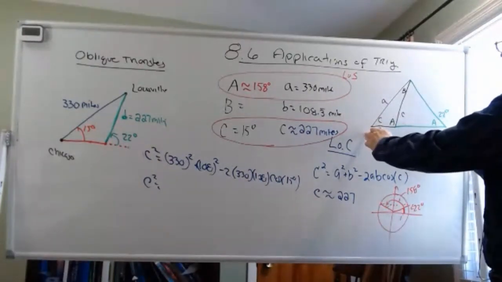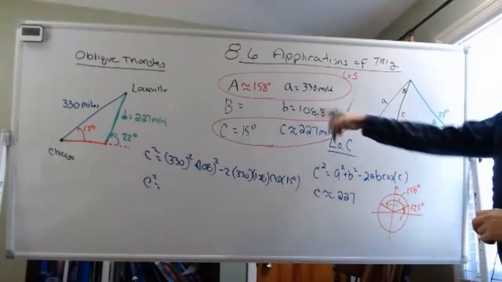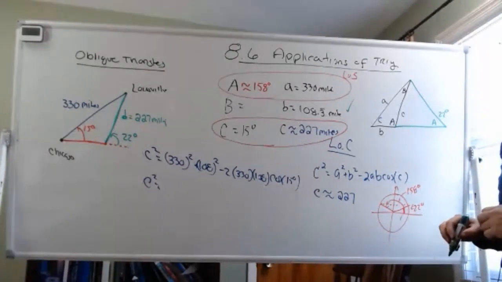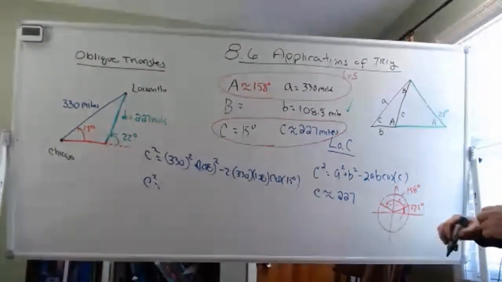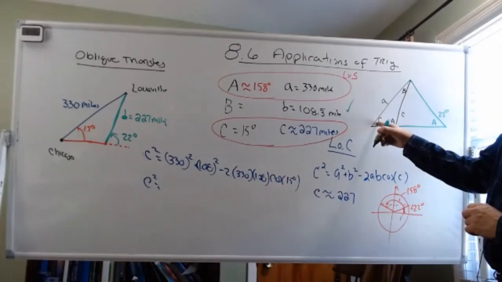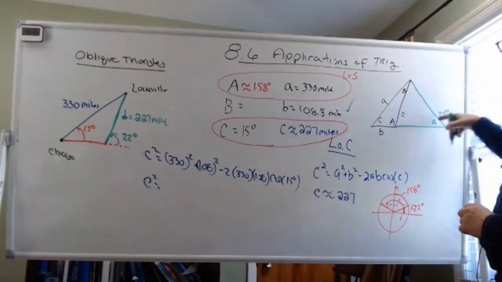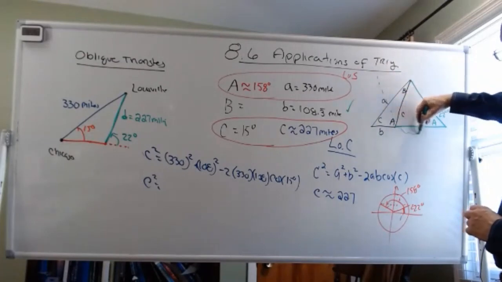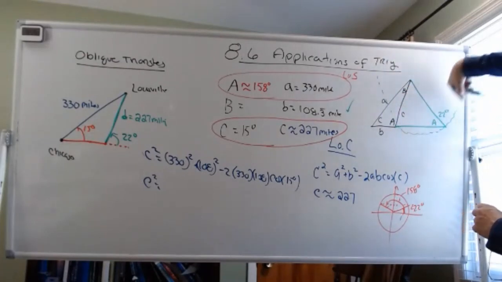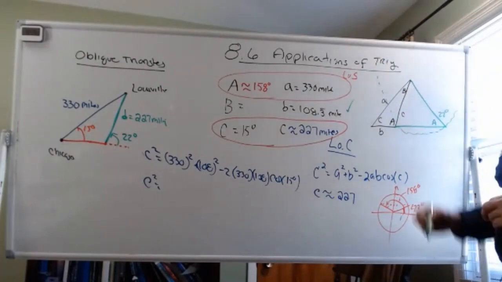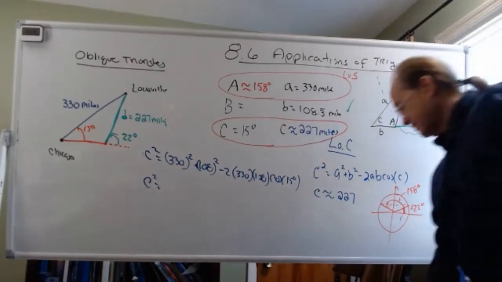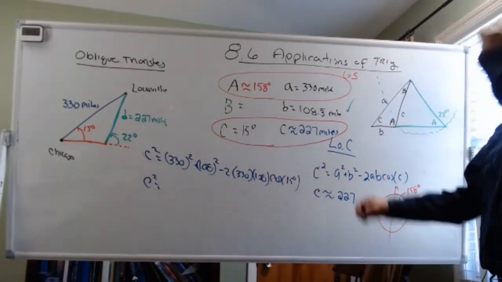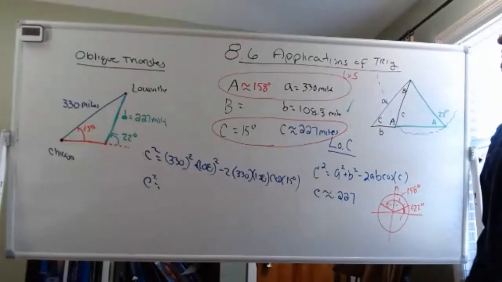So this length here would be much longer than the 108 that we found previously. Because this could still be 15 degrees, mind you, and that could still be 15 degrees, but from this angle here, it touches in two different places. So that's another case where you have to look for that second possible triangle.